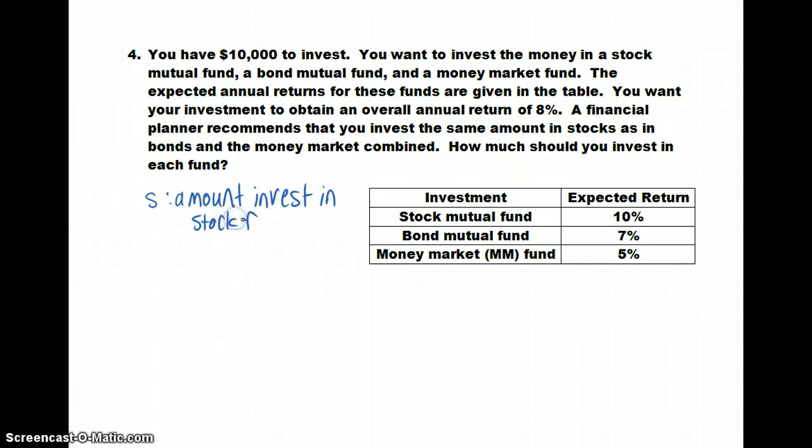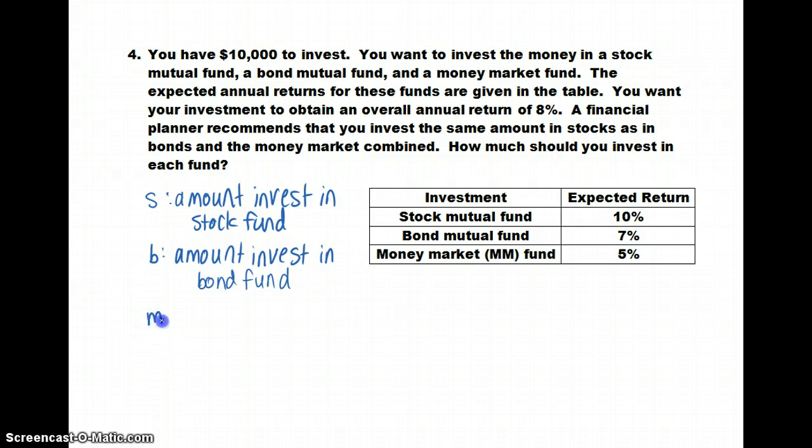I'm going to let B be the amount I invest in the bond fund. And hopefully you guessed this last one. I'm just going to let M be the amount that I invest in the money market fund. And I'm just going to call that the MM fund.